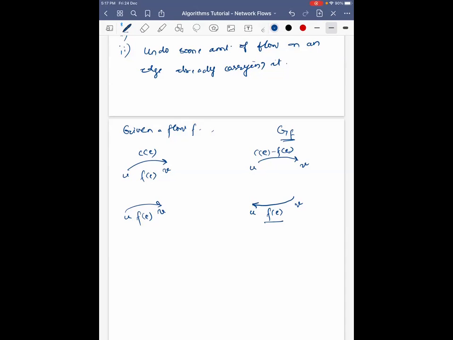But in the residual network it could be possible that there is some capacity, even after the first step, that we would find an edge. Are you saying that one of the edges leaving S would present itself as a backward arc in the residual graph? How would that be possible? Of course it's possible.